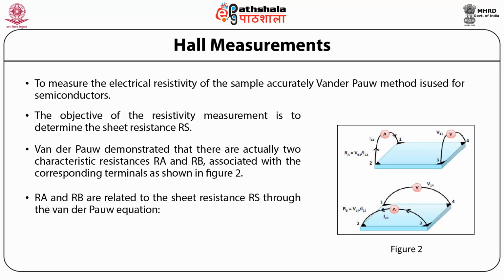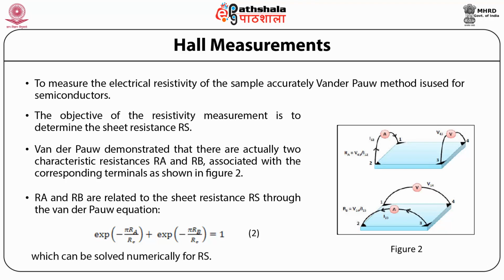Ra and Rb are related to the sheet resistance Rs through the van der Pauw equation, given as exponential of minus pi Ra by Rs plus exponential of minus pi Rb by Rs equals 1, which can be solved numerically to obtain Rs.